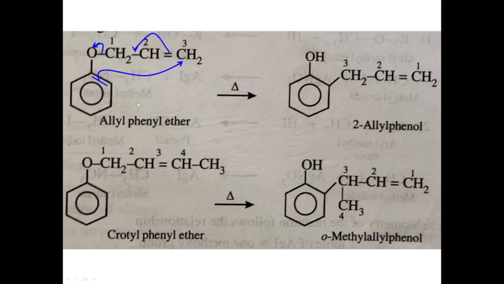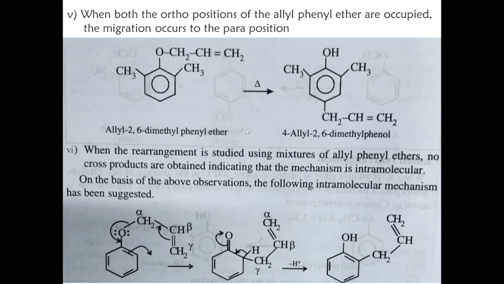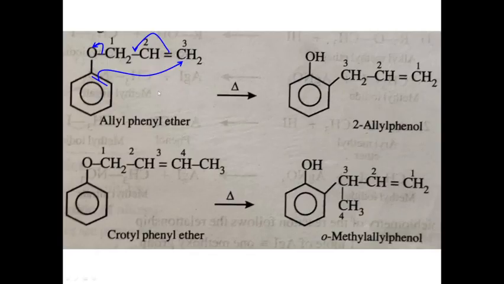So the respective products are only formed. There is no cross reaction possible. So when you take these two compounds in the same mixture, this group is not migrated to this phenyl group, or this group is not migrated towards this phenyl group.